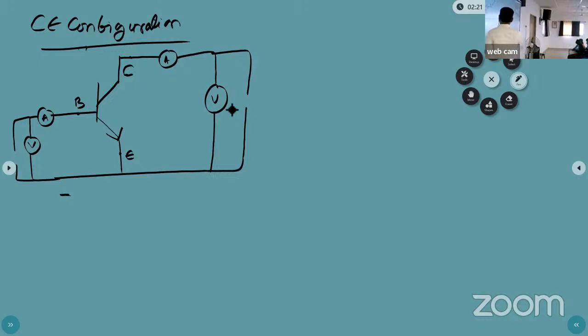Which transistor are we taking? NPN transistor. Emitter is N type, base is P type, and the collector is N type. Now, what is the battery direction for the input side? The emitter base junction should be forward bias.